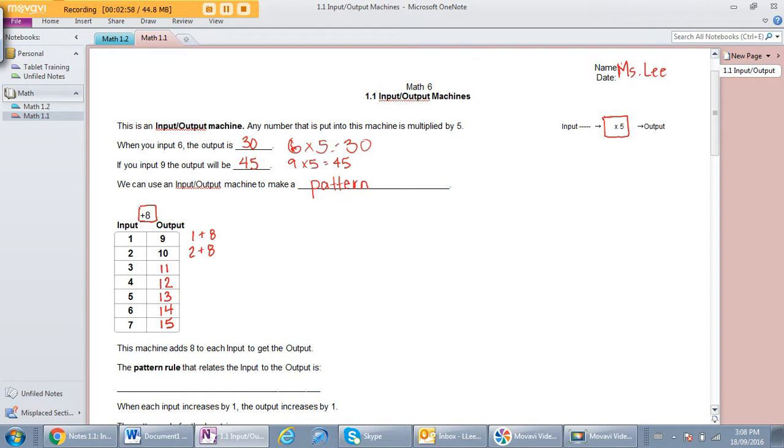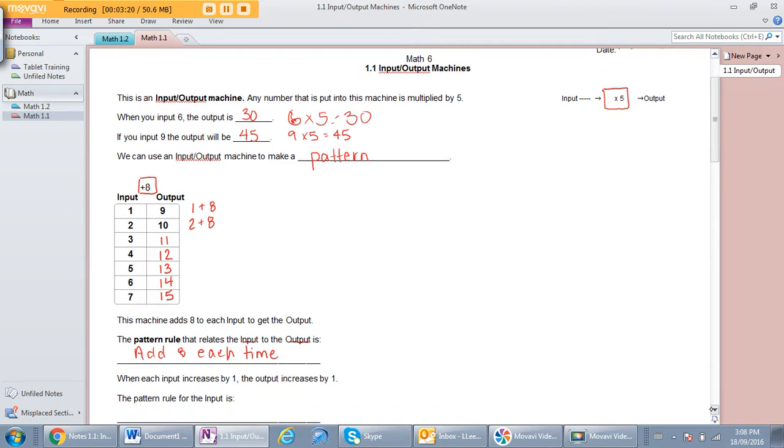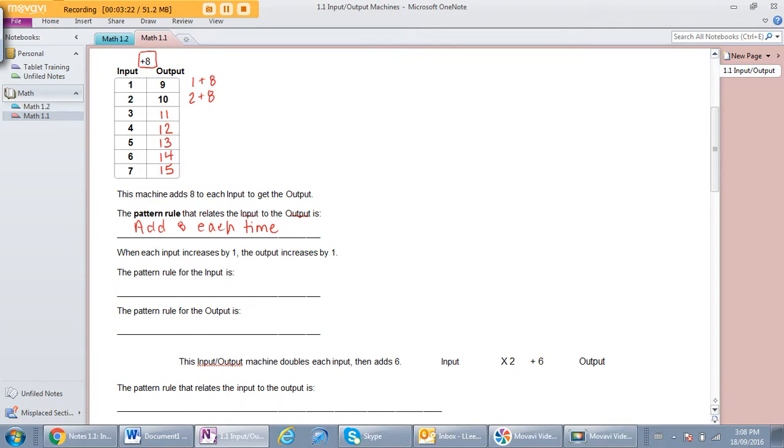The pattern rule that relates the input to the output then is to add 8 each time. When each input increases by 1, the output also increases by 1.